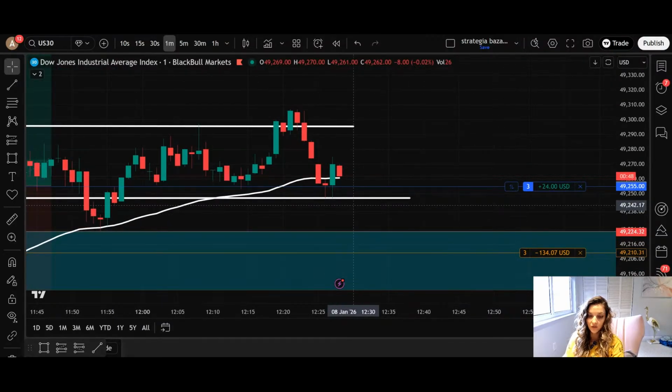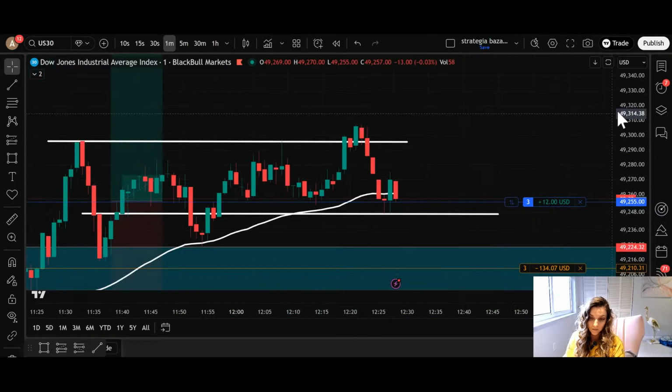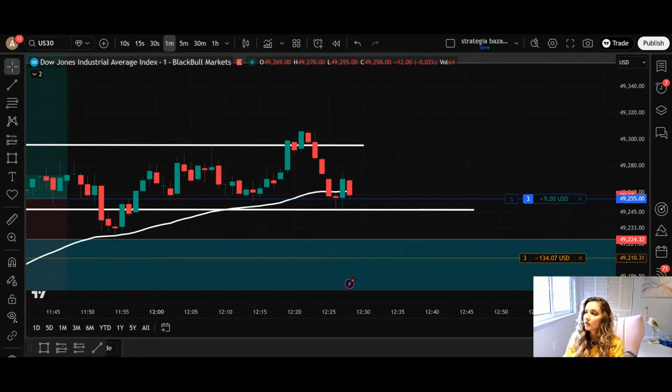I'm waiting till 12:30 and I'll get out. See what's gonna happen. I'll move at 12:30. I'm gonna move my stop loss below this white line and see what's gonna happen.